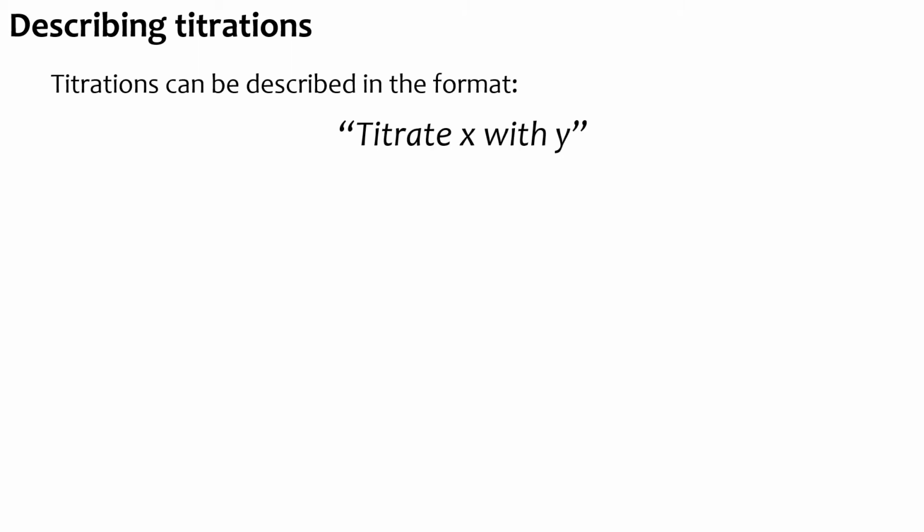So a quick note about describing titrations, and this is just about sentences that we can use to describe the process that's happening in a titration. Titrations can be described in the following format. Titrate X with Y. This could be an instruction that you're given. Titrate hydrochloric acid with sodium hydroxide.